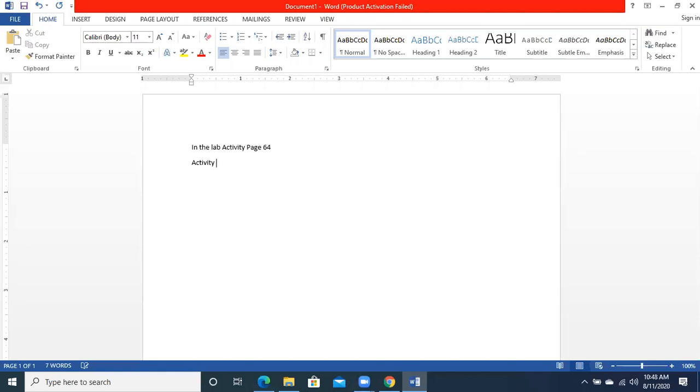Activity number 3. Problem statement is that the science teacher of class 7 has assigned the students to write a program that converts temperature. अच्छा, temperatures को convert करेगा ये, it will convert the temperatures.